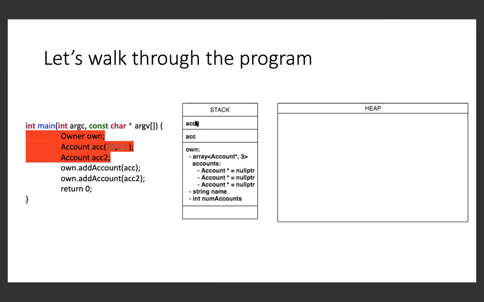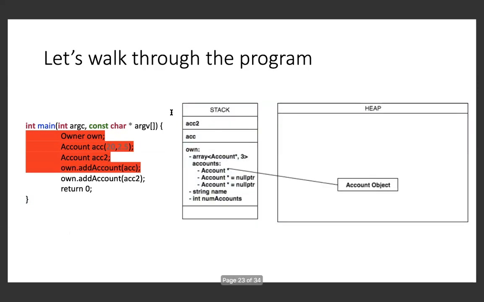Then ACC2 was also pushed to the stack. All these are stack memory. We're not using the new keyword to allocate memory on the heap. These are all being constructed on the stack, which means freeing this memory is handled by the compiler itself. It's not us. The program will remove them automatically when they go out of scope.